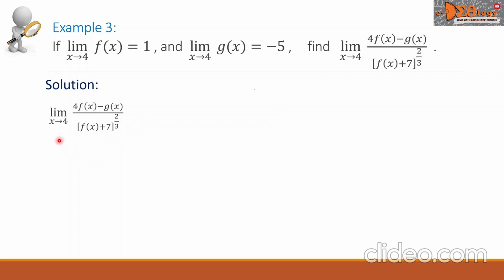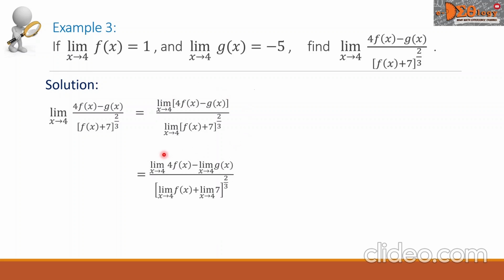Now let us show that we're going to take the limit of the numerator and denominator. So it becomes like this. In the numerator, we are going to take the limit of each of the terms. So we have the limit of 4 f of x as x approaches 4 minus the limit of g of x as x approaches 4.